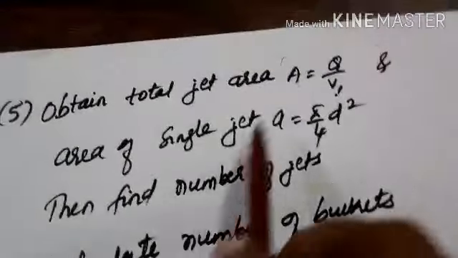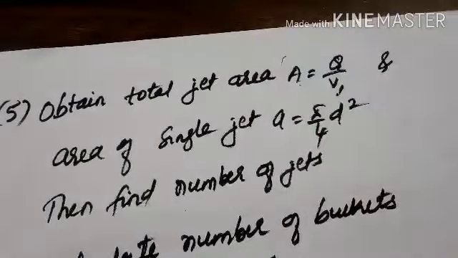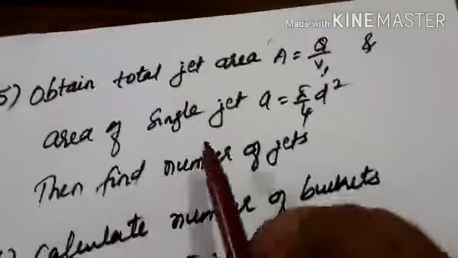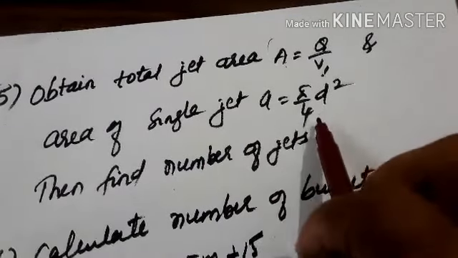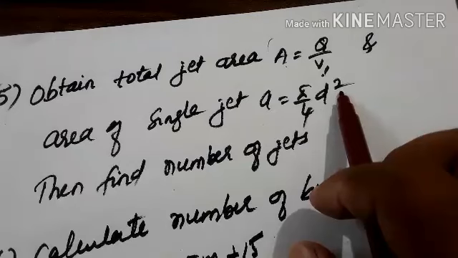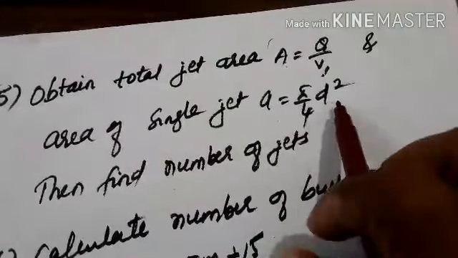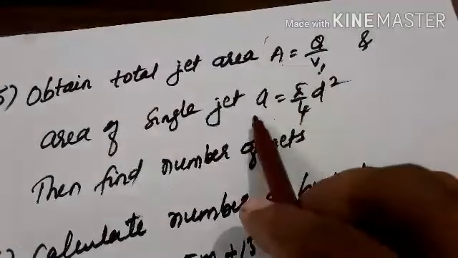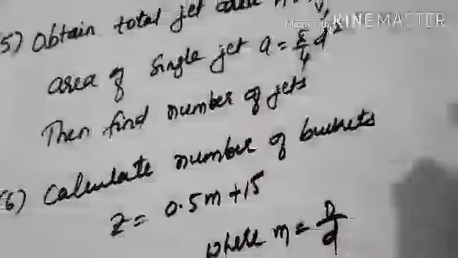If n number of jets are provided, then the area of a single jet can be calculated as A equal to pi by 4 into d square. This is the area of a single jet. Then find the number of jets.